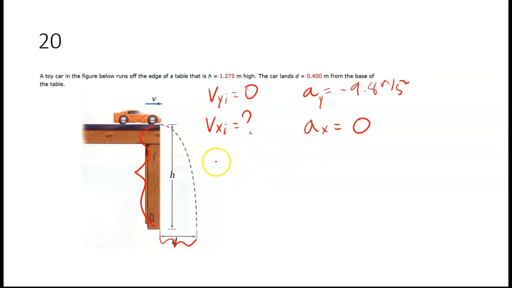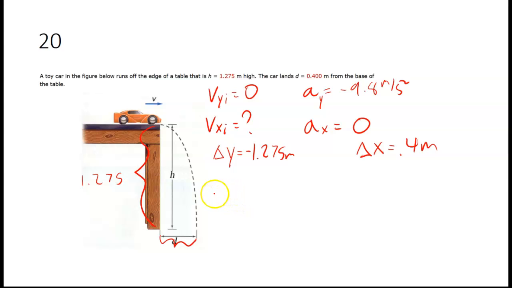We do know what my change in vertical position is. Change in vertical position is negative 1.275 meters. And we know what the change in my horizontal position is. It is 0.4 meters. So again, we divide our horizontal values and our vertical values.